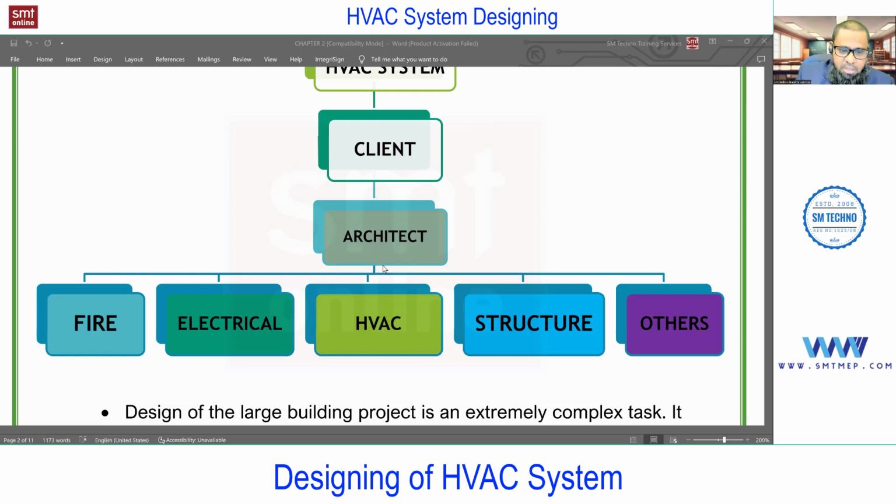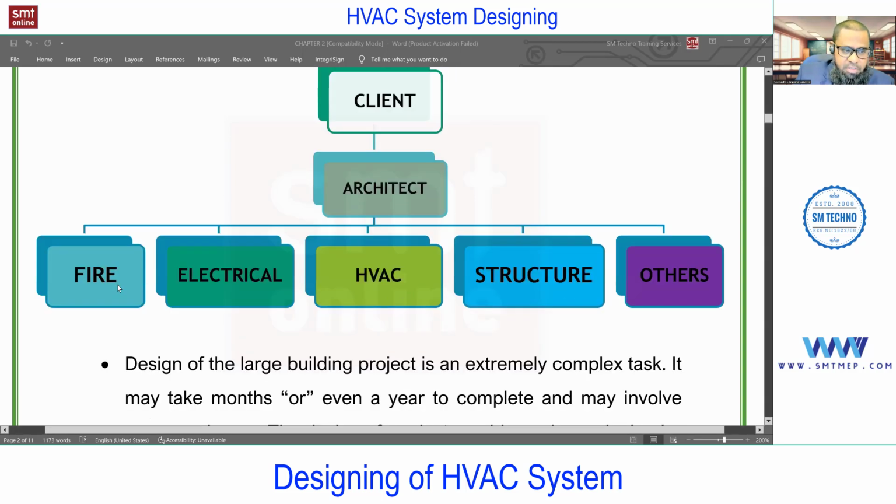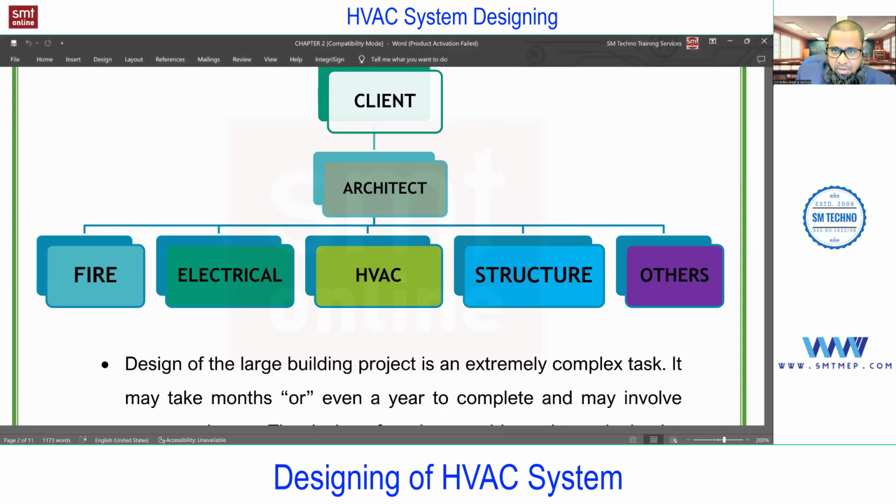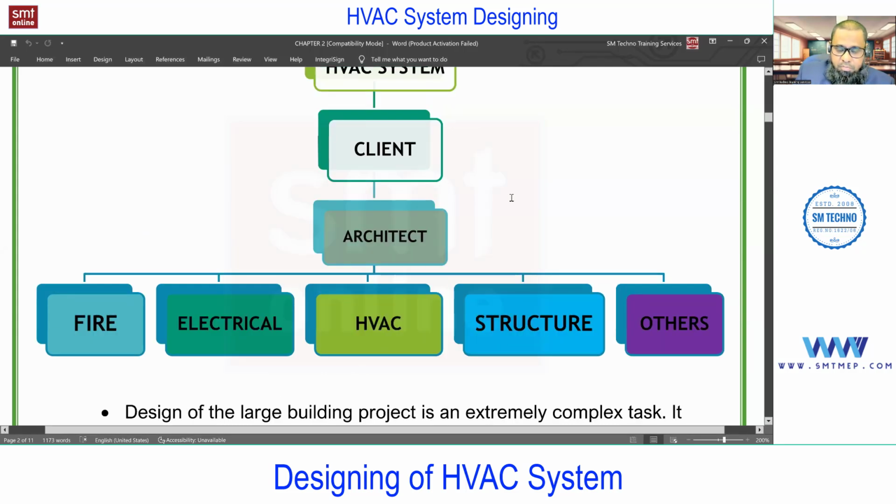And he will provide this information to the different services or the different sub-consultants, or one consultant may have all this. These are the different services: the firefighting system, electrical system, HVAC system, structure. Again, structure is based on the load of the services, and you find some other consultant for the security side, or for elevators, escalators, etc. So this is from the design point of view.